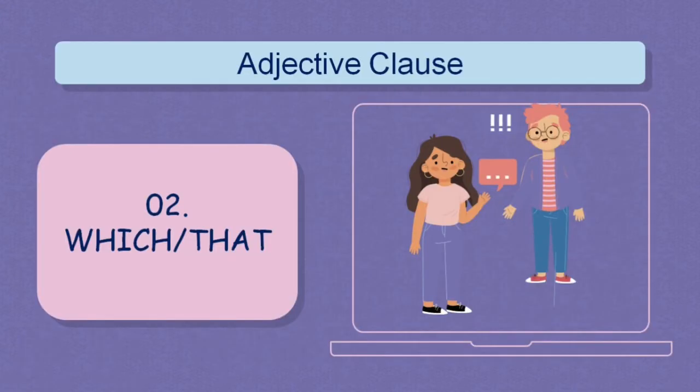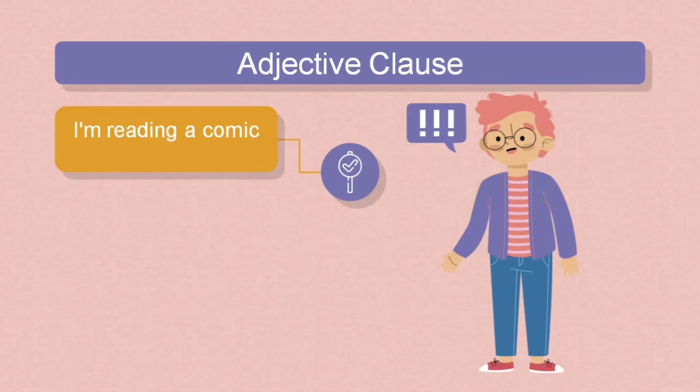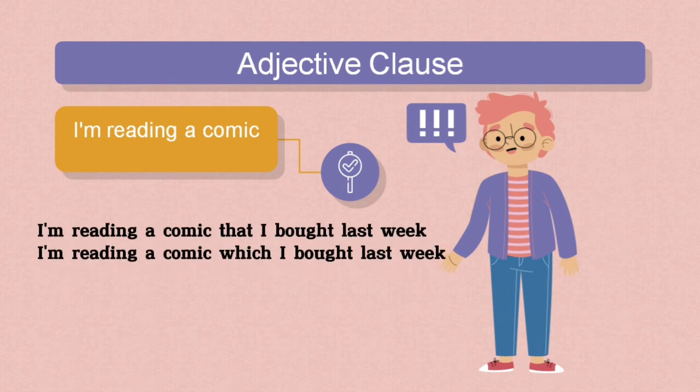So, when do we use the word which or that in adjective clauses? I'm reading a comic is a simple sentence. And let's give some description about the comic. Now we add the clause I bought last week to describe the comic.